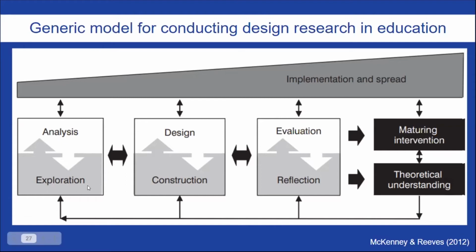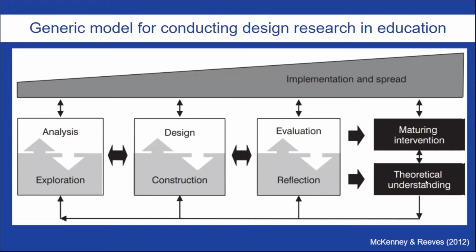The first one, analysis and exploration, then design and construction, evaluation, reflection, and these 3 phases take place in interaction with implementation and spread. It also provides the dual outputs of intervention and theoretical understanding.